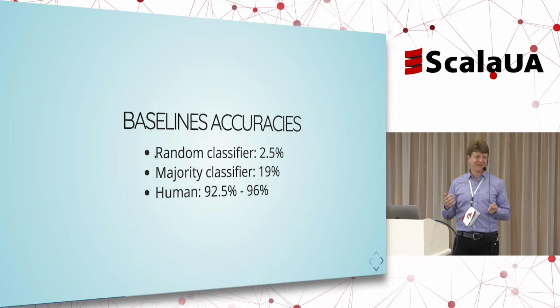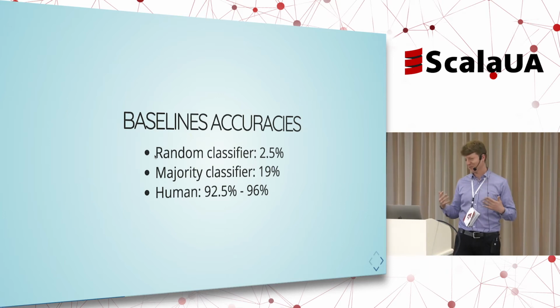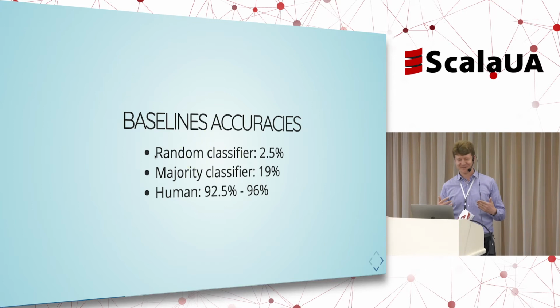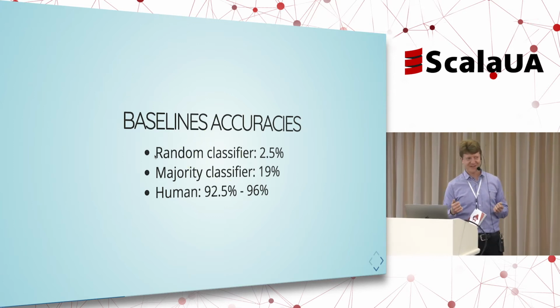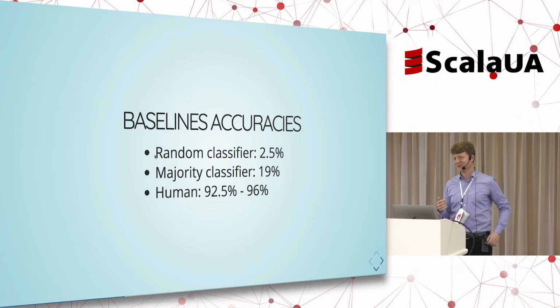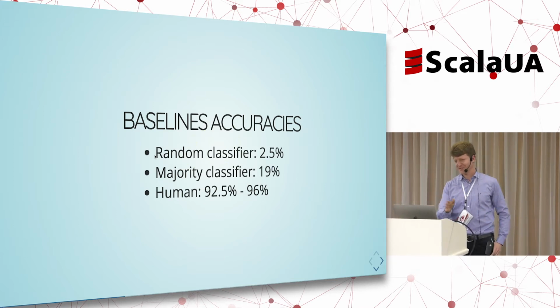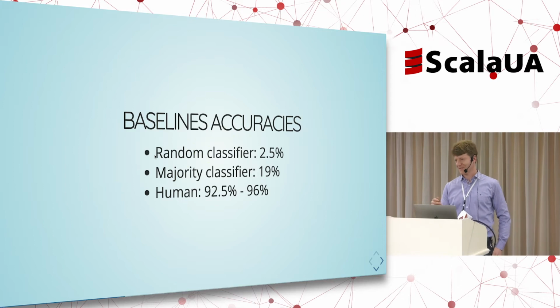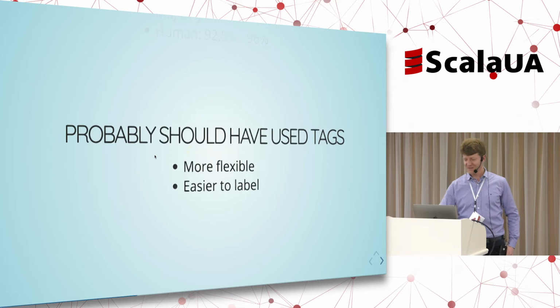And finally, I also looked at the performance a human could get. And surprisingly, this performance also is not as high as I would have initially expected. You see here that it ranges from 92 to 96%, even for a human looking at the data.